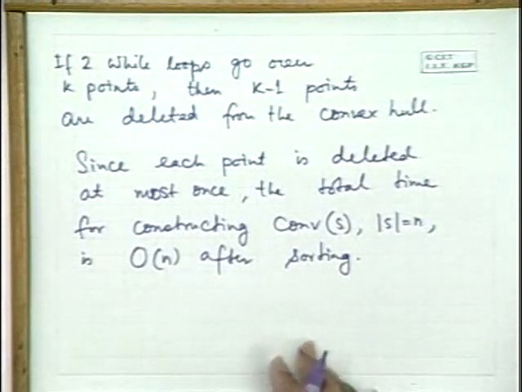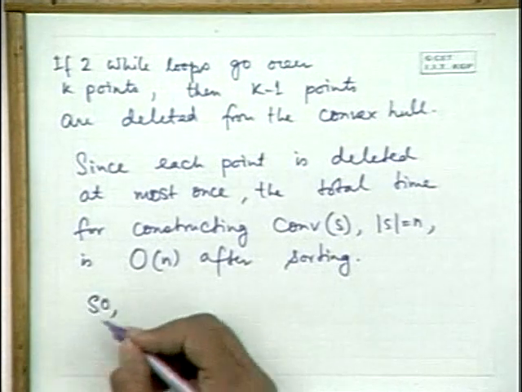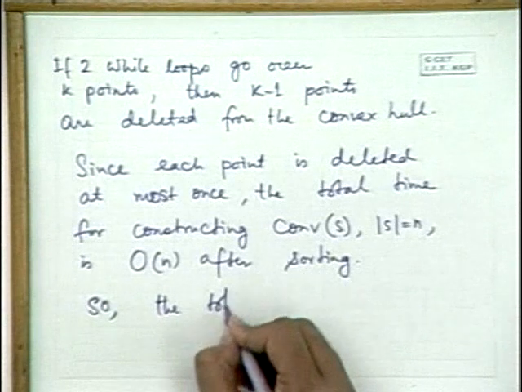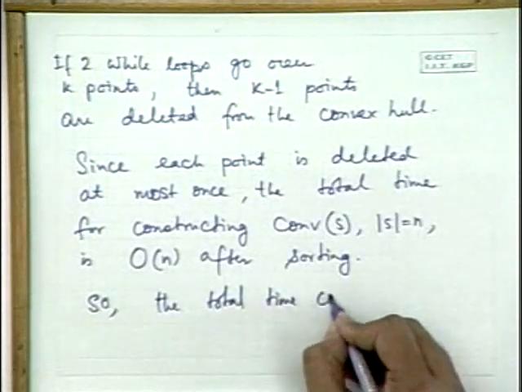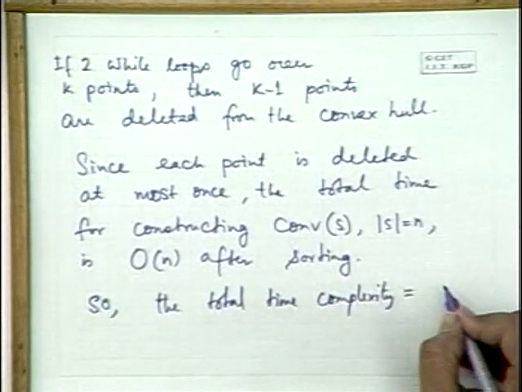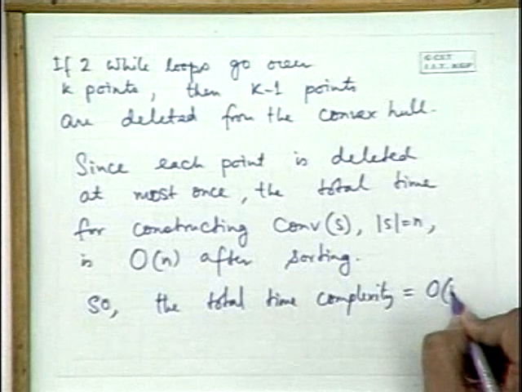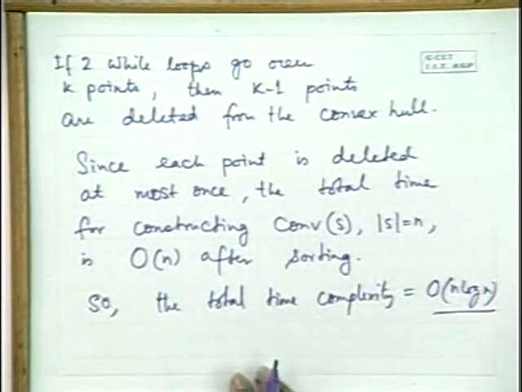So together with the sorting, the total time complexity of the convex hull computation is how much? Order n log n. It is the sorting time which is giving you n log n. The tangent computation still is order n over all the tangent computations.